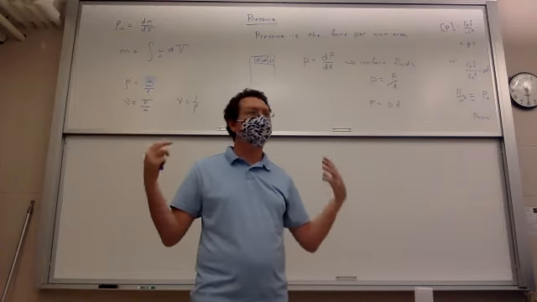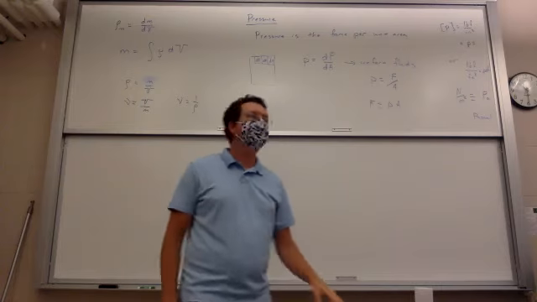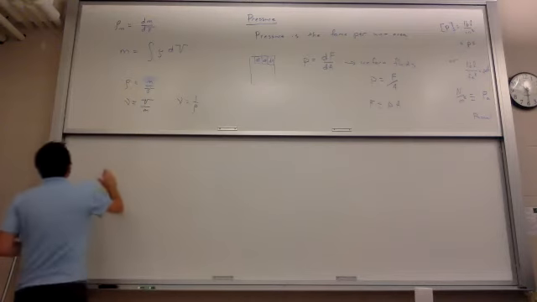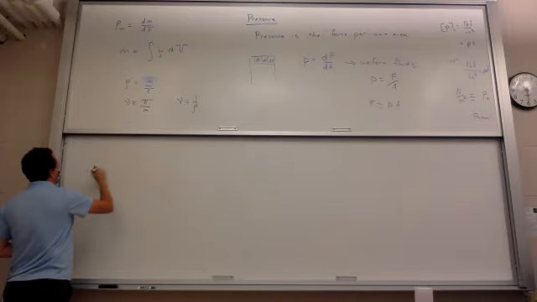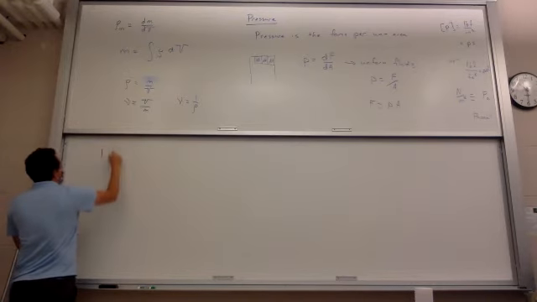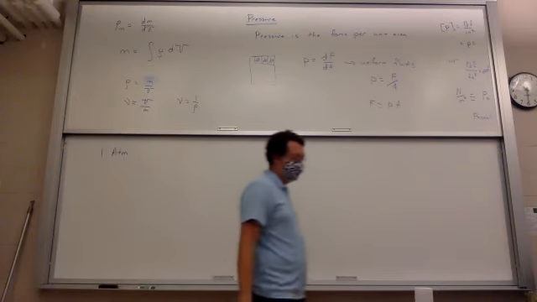Okay, so that's a typical kind of room setting, 1 atmosphere. So that typical day, that typical situation, we have atmosphere. 1 atmosphere is the pressure on a typical day.